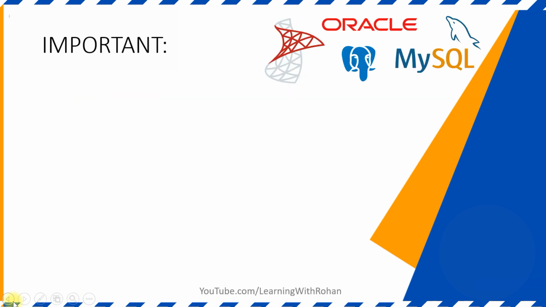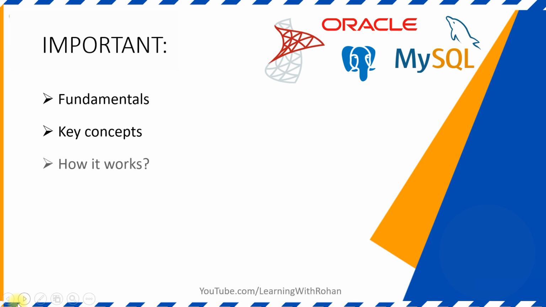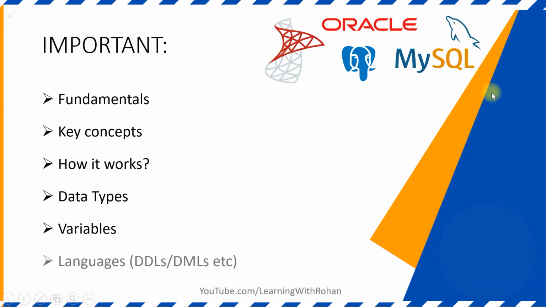So it's very important to start with some of the basic fundamentals and an overview of the databases and some of the key concepts within the databases, right? And also we'll talk about the architecture and how it works, how the request is sent from the client, and how that is served from the server. We'll also talk about some of the data types that are very common in most of these databases, right?